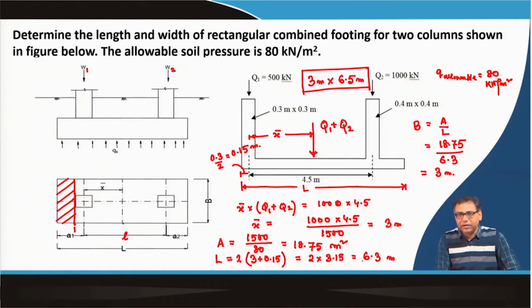You can provide 6.3 also, because that is the minimum requirement. So, I am providing 3 meter by 6.5 meter dimension of this foundation. This way we can determine the dimension of the combined footing also, if the allowable bearing pressure is given.